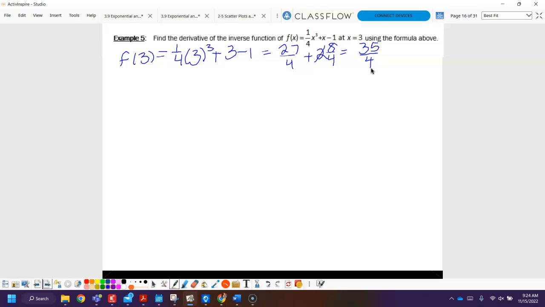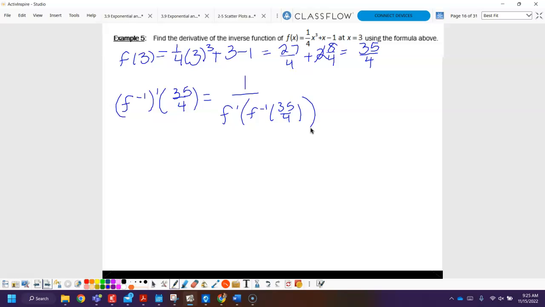Okay, so then if we want to find the derivative of the inverse at x equals 3, then it's equal to f inverse prime of 35/4 equals 1 over f prime of f inverse of 35/4.